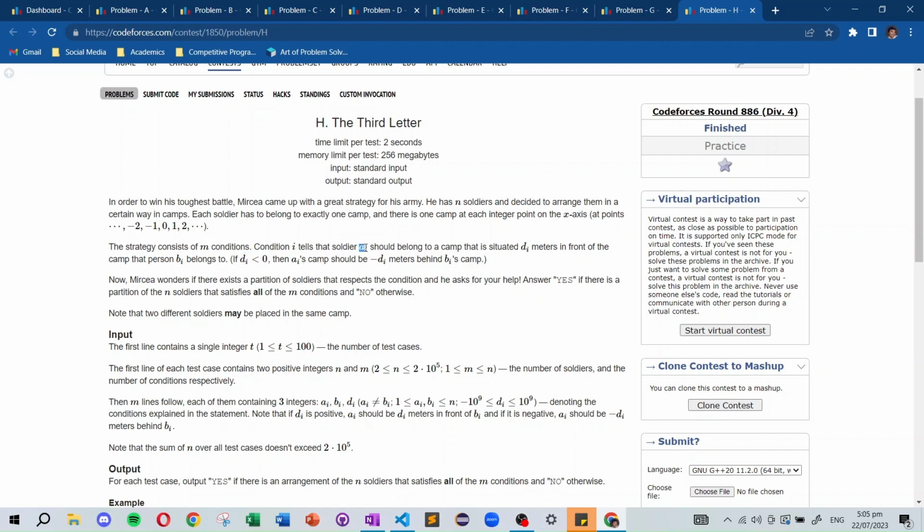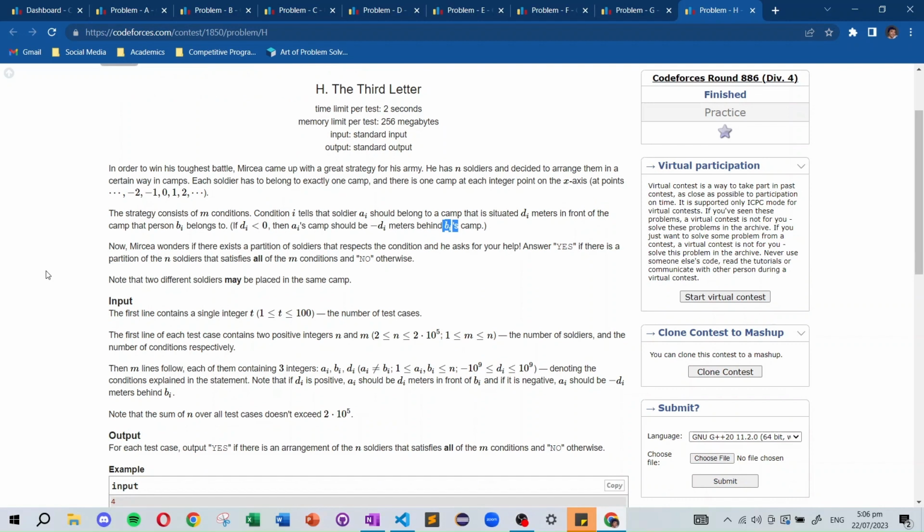Condition i says that soldier ai should be d sub i meters in front of where person b sub i belongs to. So if d sub i is negative, then ai should be behind bi. And if there's a way to do that, then you print yes, otherwise you print no.